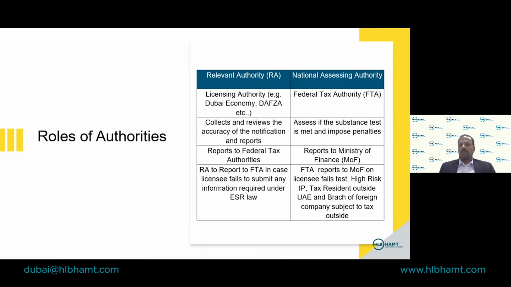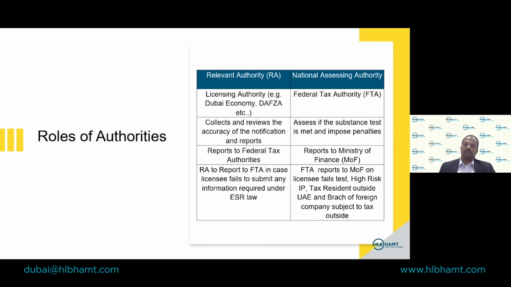The power of the licensing authority is more about collecting the information and making sure that there are no major mistakes, calculation mistakes or presentation mistakes, and whether they followed the proper format or not. And in case they feel that the licensee failed to submit any information required under the ESR, it has to be separately reported to the FTA, that means the National Assessing Authority.